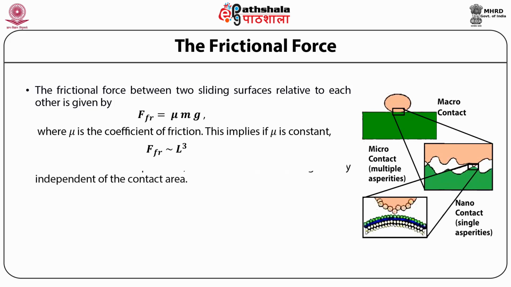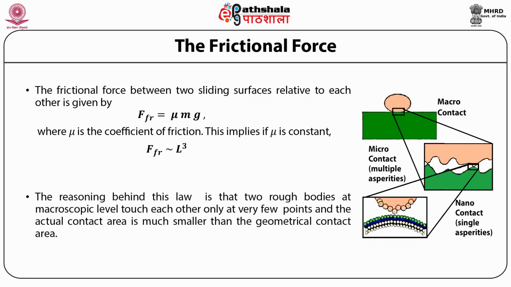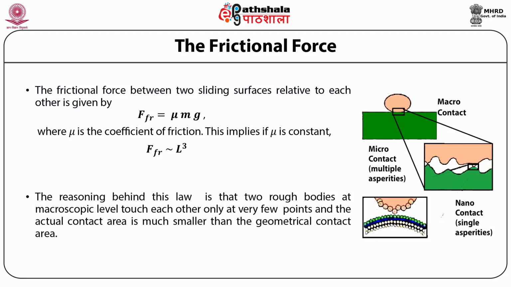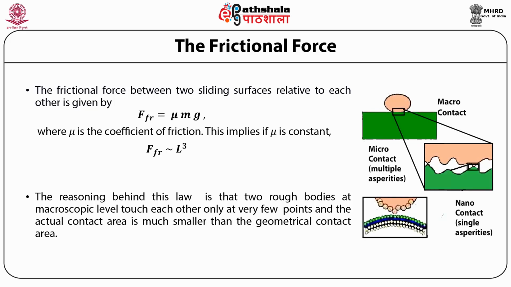So the frictional force generally does not depend on the contact area. The reasoning behind this law is that two rough bodies at the macroscopic level touch each other only at very few points, and the actual contact area is much smaller than the geometrical contact area.